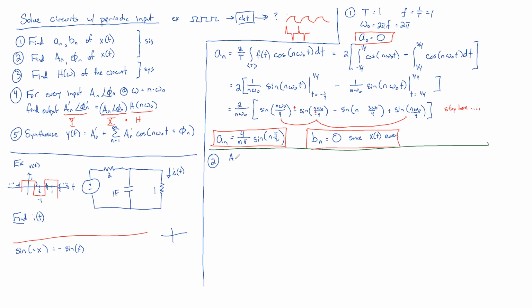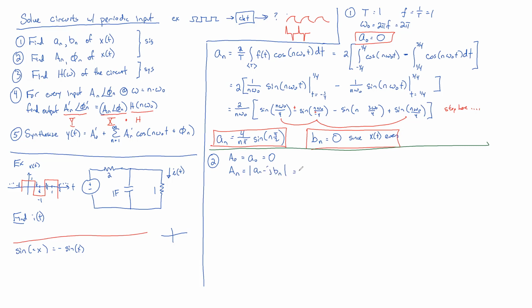So our a sub naught term is the same thing as our little a sub naught term, which is 0. And to find our big A sub n terms, well, that's always equal to the magnitude of our a sub n minus j b sub n terms.